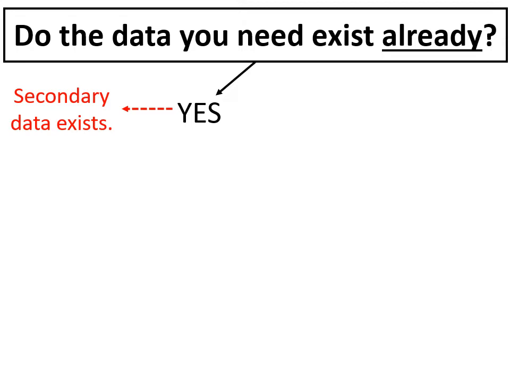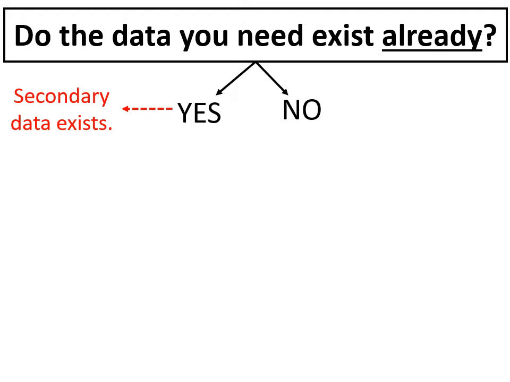If someone already has collected data on the St. Catharines Dog Park over on Russell, or by the Russell Community Center, and that data exists, that means that I might not need to collect any data. So that means that secondary data exists.